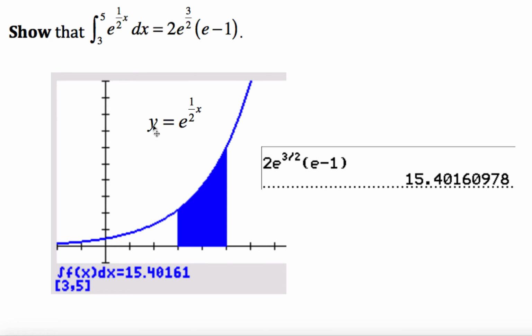And lo and behold, when you put into your GDC y is equal to e raised to the 1/2 x, and simply use that second calc feature 7 for finding the area under that curve between x equals 3 and x equals 5, you end up seeing that the GDC confirms that value for you.